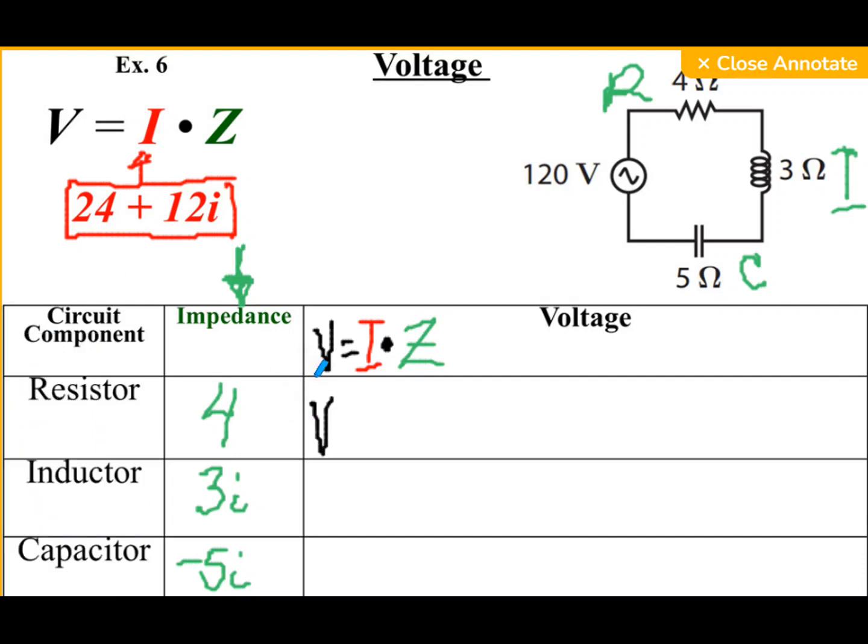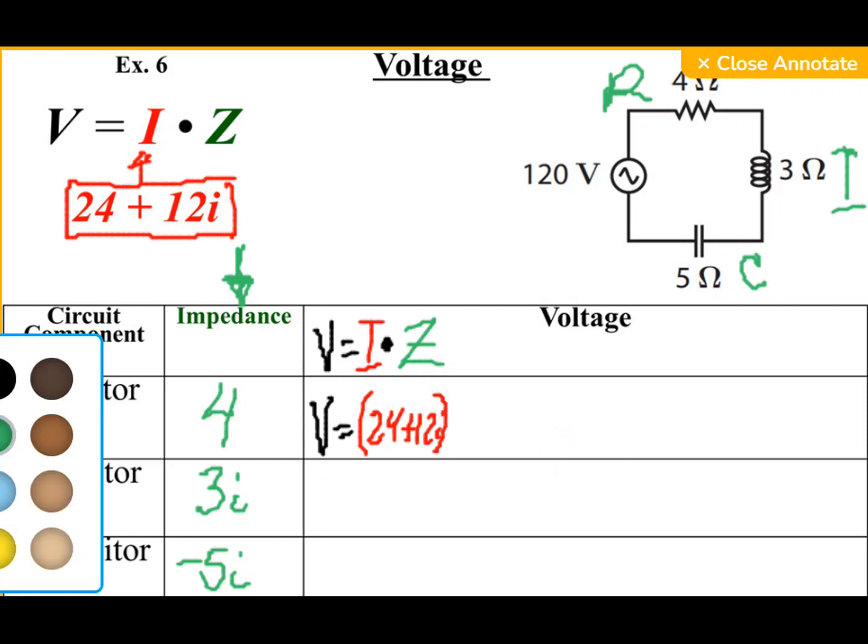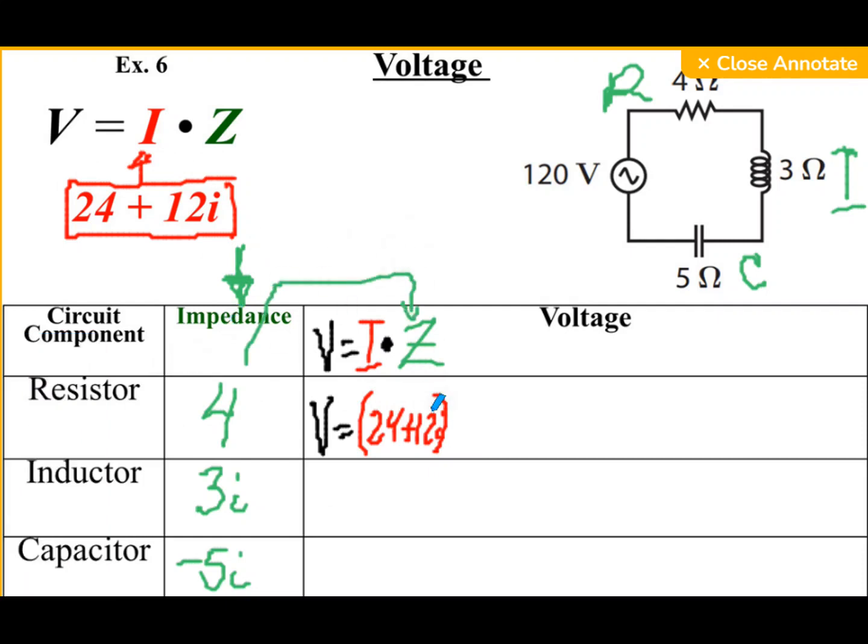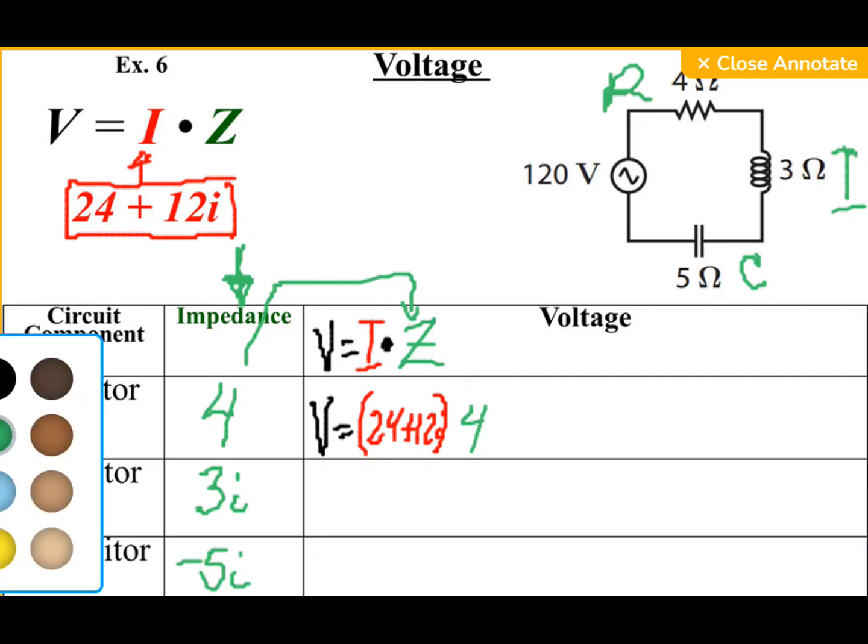V equals, instead of the letter I or variable I, I'm going to substitute in there what? 24 plus 12I. There it is. What is the impedance for the resistor? The impedance for the resistor is 4. So now that I have that, now we get to work.